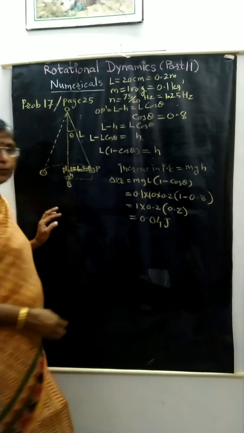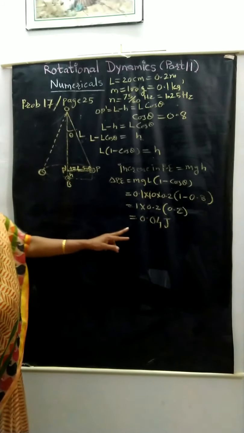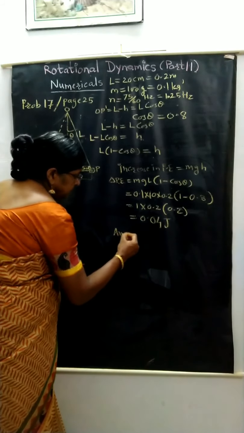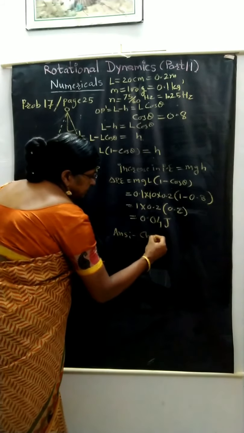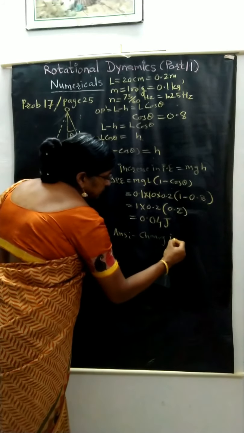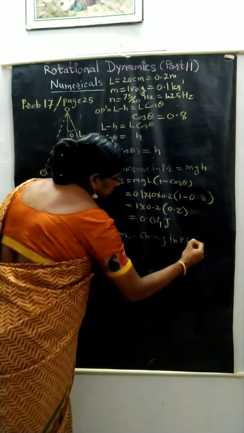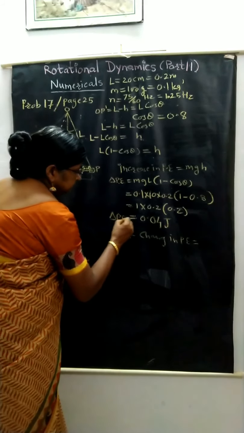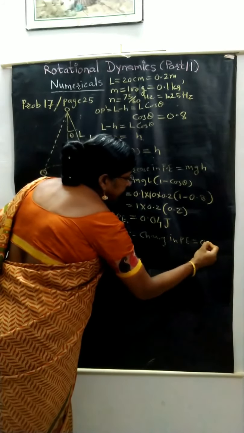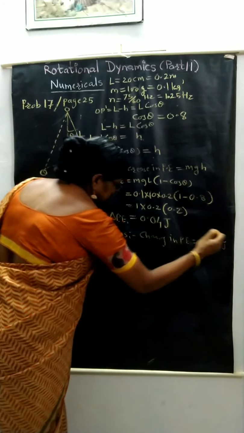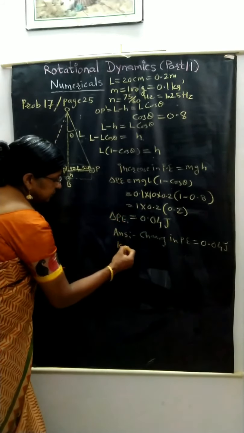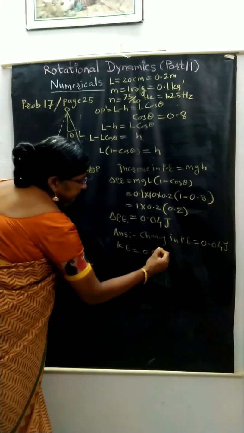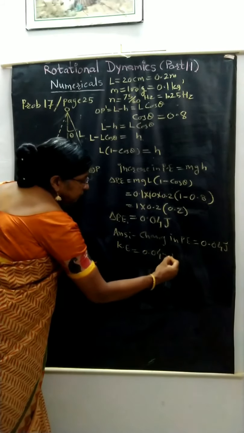So the change in potential energy is equal to 0.04 joule and kinetic energy is equal to 0.045 joule.